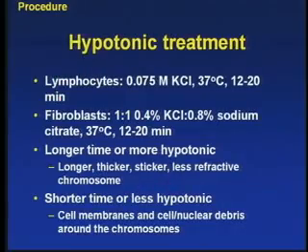If you leave the cells in the hypotonic solution too long, or use too much hypotonic strength, what you'll get is longer and thicker chromosomes, but less refractive in terms of morphology. So it's very difficult to see small breaks in such preparations, and your estimation of the number of breaks or chromosome aberrations will be underestimated.